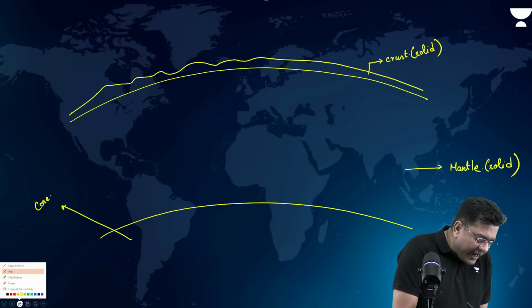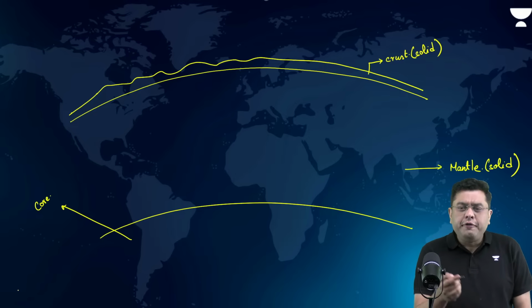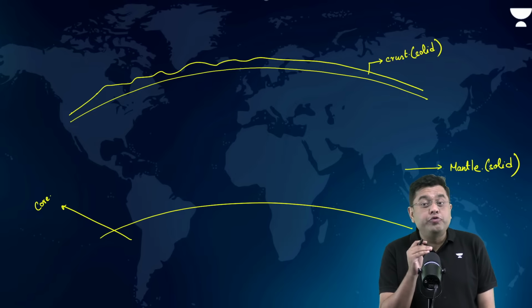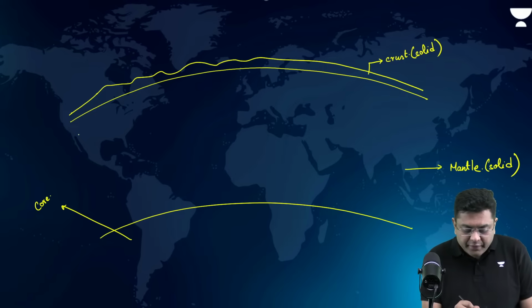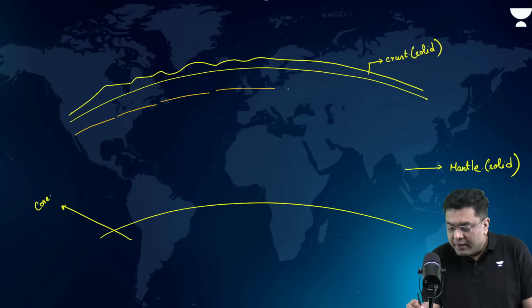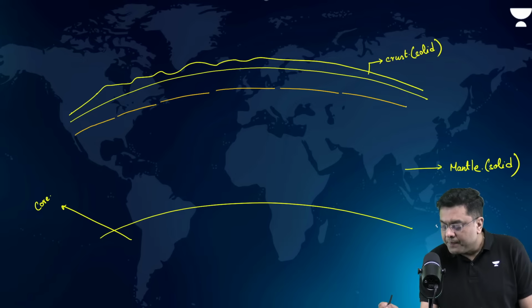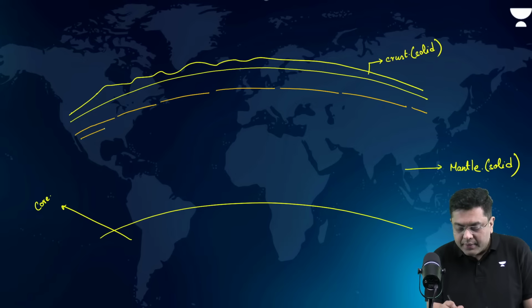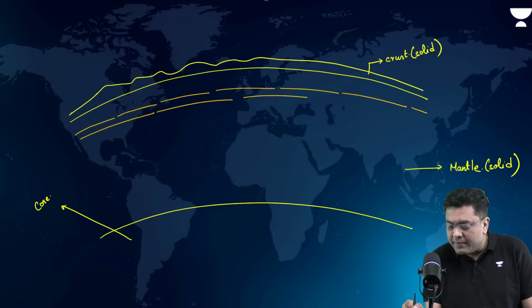As you move at a depth of around 160 to 400 kilometers from the surface, you come across a layer which is semi molten, right? Semi solid and semi molten.